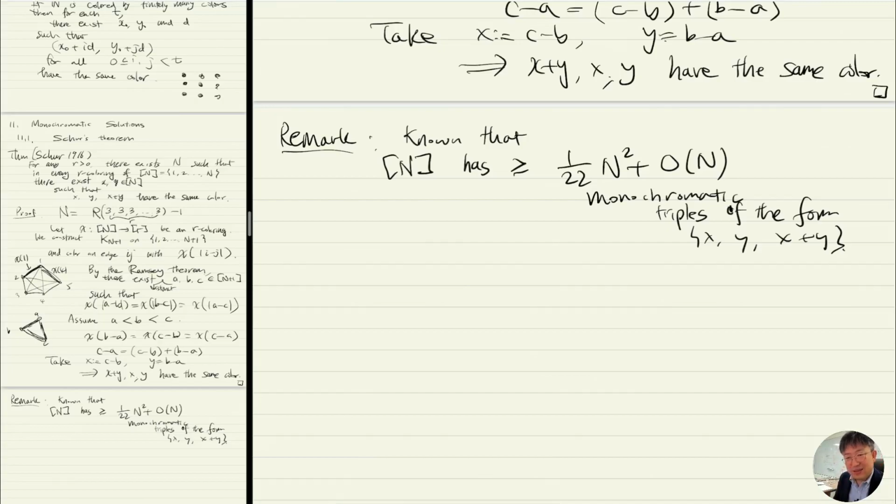So as long as N is reasonably big, like how big? Yeah. So this already gives you many things, and this is shown to be tight.